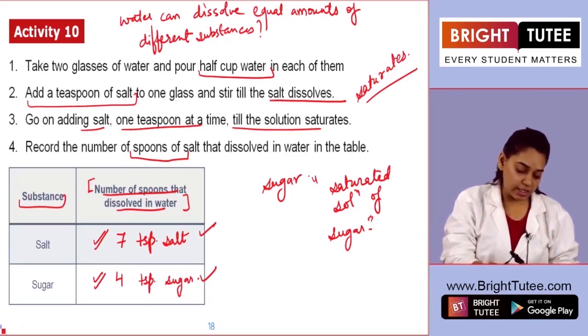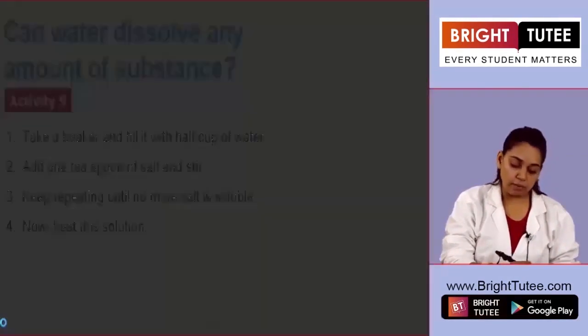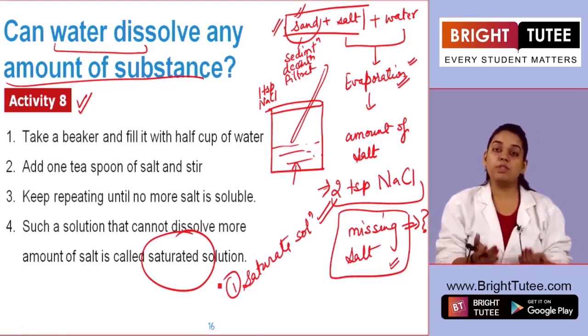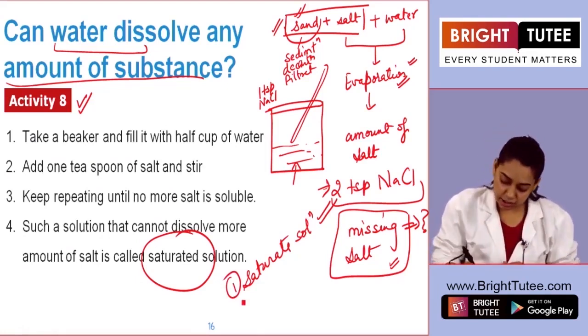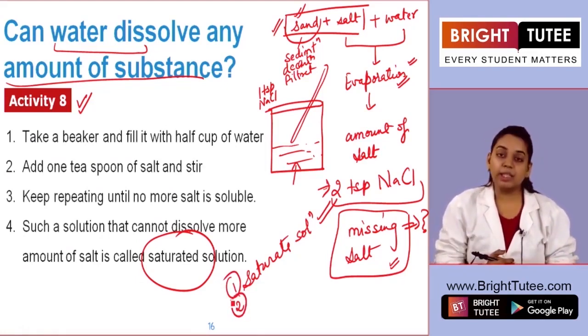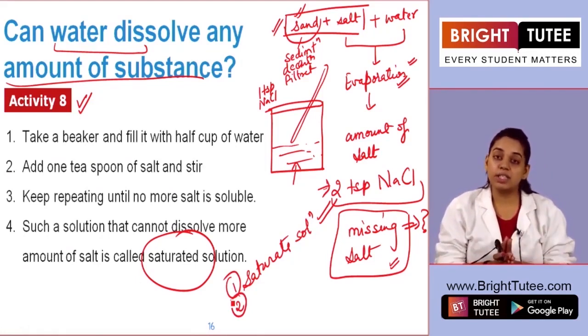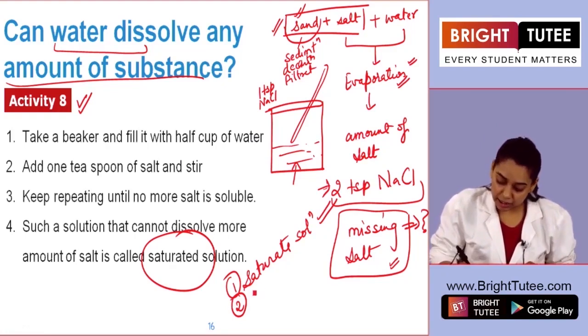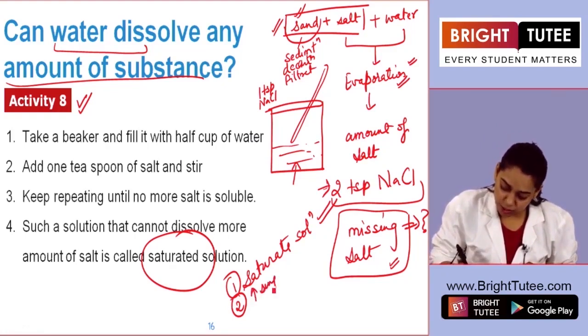So students, in this session we have understood what a saturated solution is, that is, the solution where you cannot dissolve any more substance. Second, we have learned that you can increase the point of saturation by increasing the temperature.